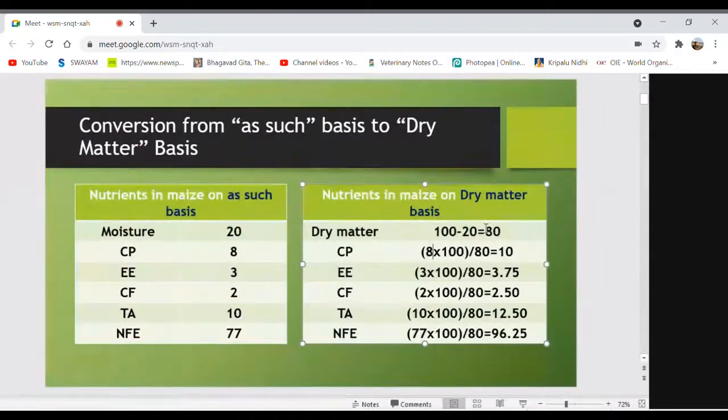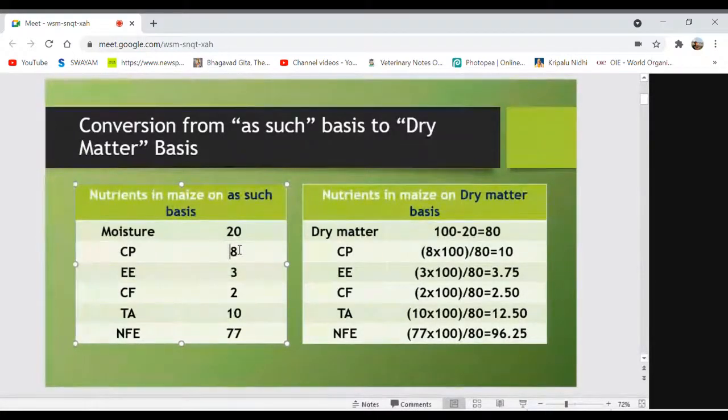Sorry, in 100 gram diameter, not 80. Here in this case it will be reversed. In 100 gram diameter, 10 gram will be your protein. And since the diameter percentage is 80, then in 80 gram, it will be how much? So the calculation will be reversed. Here we have to write 10 divided by 100 into 80, then you will get 8%.